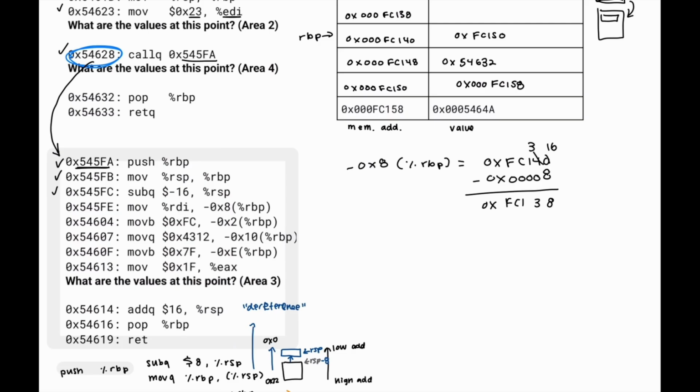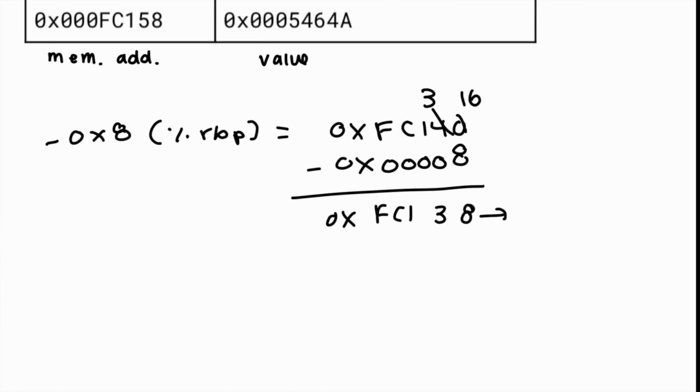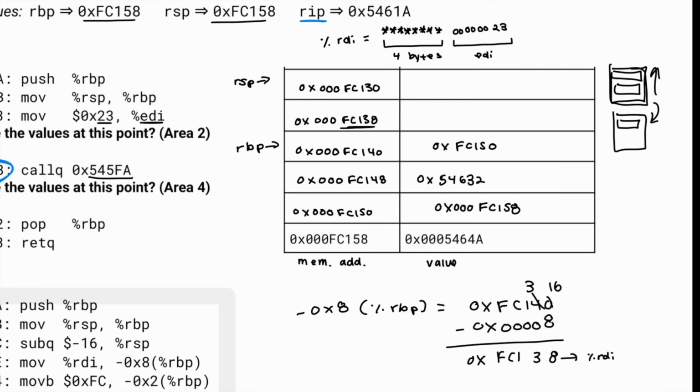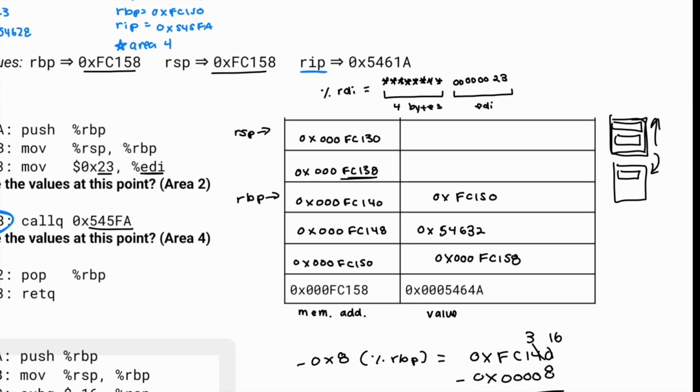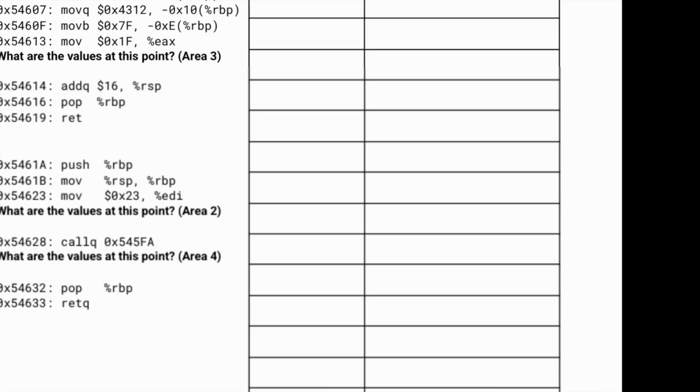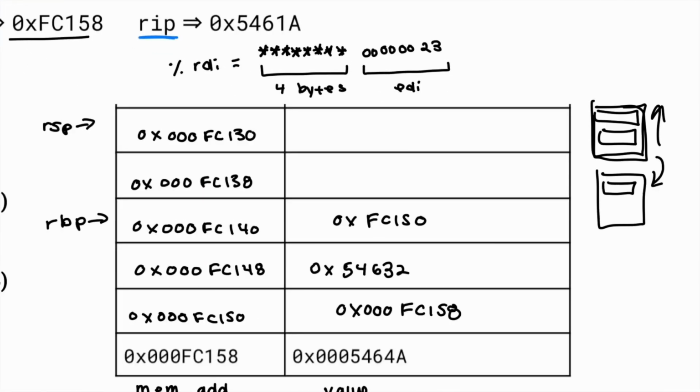So at that address we want to move RDI. So that's going to have RDI inside it. If we go up here, we found FC138, and now we're going to move RDI, which we already know the value of up here, into that space in the stack. So this becomes, we don't know the first 4 bytes, so we're not going to fill that in. 1, 2, 3, 4, and then 0, 0, 0, 0, 23.